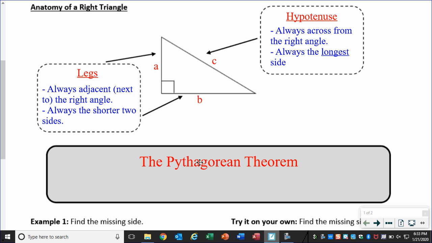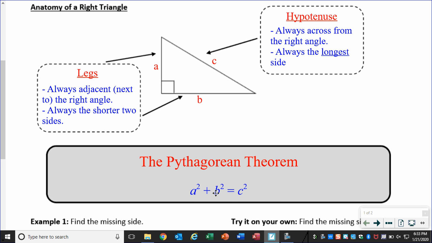The Pythagorean theorem is basically an equation that, if it comes out true, means those sides will make a right triangle. The theorem says that if you square side A plus side B squared, you'll get the hypotenuse, the C side, squared as well.